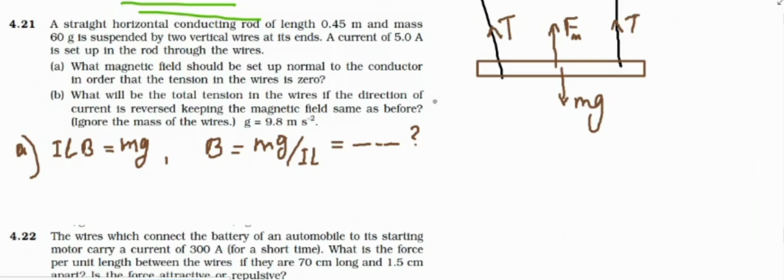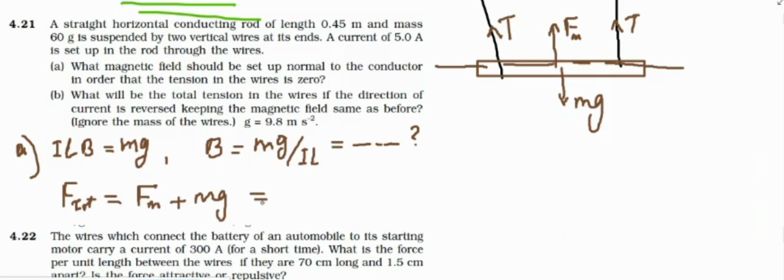When the direction of current in the conductor is reversed, the force due to the magnetic field is now in the opposite direction, which is downward. Therefore, the total force F total is equal to the force due to the magnetic field plus mg. Now both are acting downward.